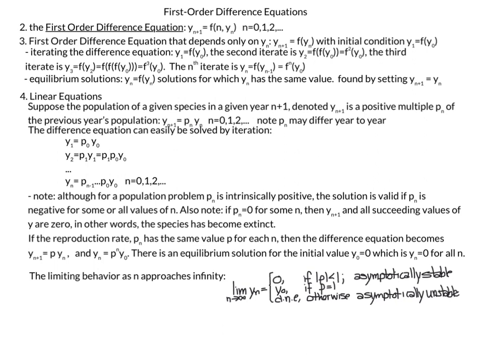The difference equation can then easily be solved by iteration. So y1 is equal to rho_0 y0. y2 is equal to rho_1, and then plugging in for y1, rho_0 y0. And so y_n is equal to rho_{n-1} through rho_0, all your rhos, times y0. So this is a very easy equation to solve.